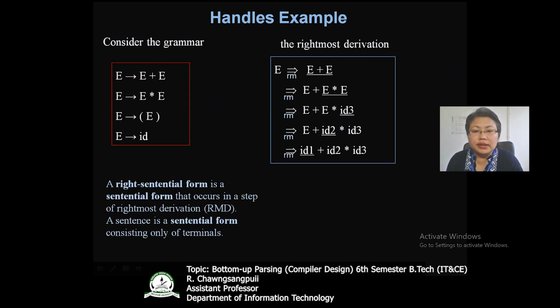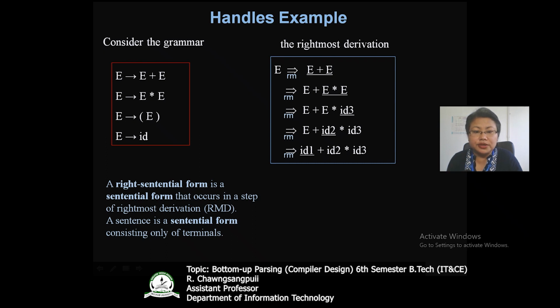Now let us see the example for handles. If you consider this grammar, E can have the form E plus E, E can have the form E into E, E can have the form within parenthesis E, and E can have the form ID.